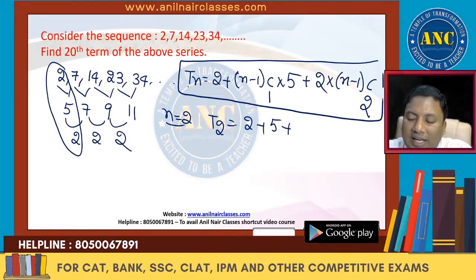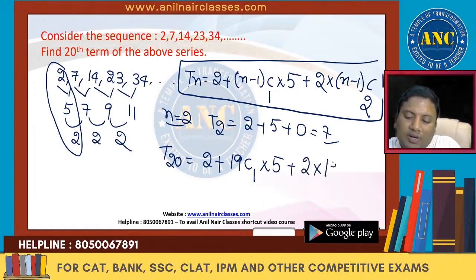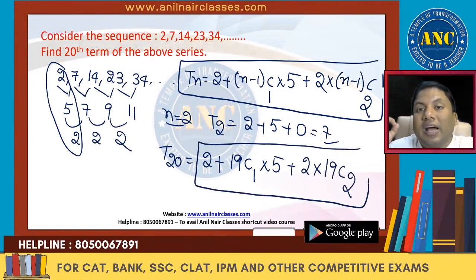Out of 1, selecting 2 is not possible. So 2 plus 5, it is 7. For the 20th term I require 2 plus (20 minus 1), that is 19 C1 into 5, plus 2 into (20 minus 1), that is 19 C2. This is the 20th term direct value. I hope the idea is crystal clear to you.